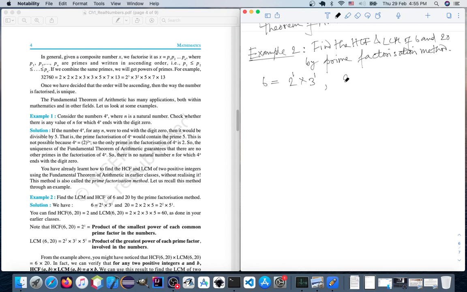And 20 is 2 into 10. So 2 into 2 into 5. This is 2 square into 5 to the power 1. Now, to find the HCF, that is the highest common factor of 6 and 20, how do we find that?